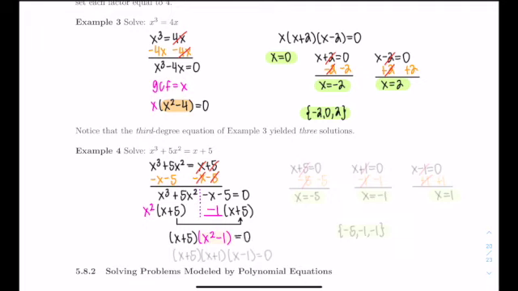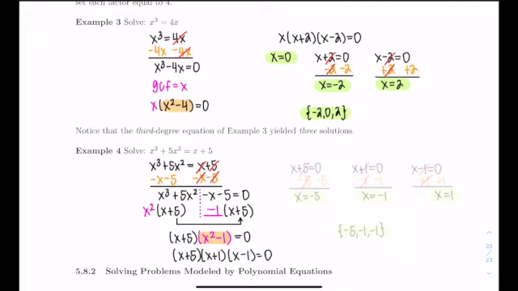But again, you should notice that x squared minus 1 is a difference of two squares. And so we can actually write this as x plus 5 times x plus 1 times x minus 1.